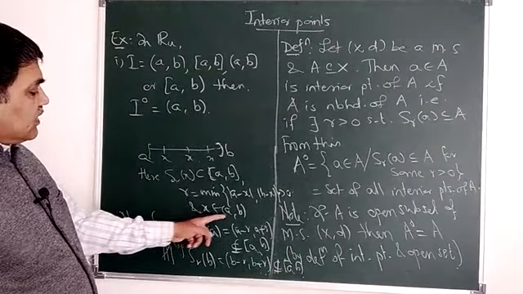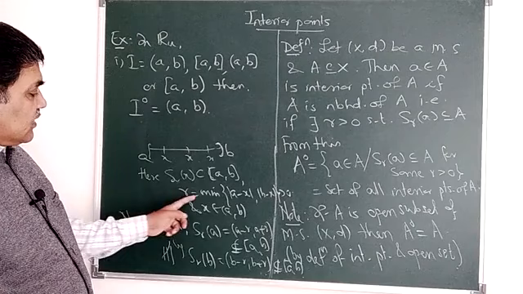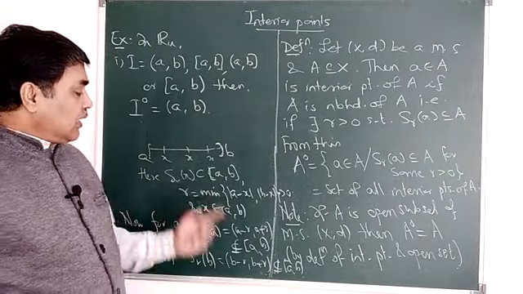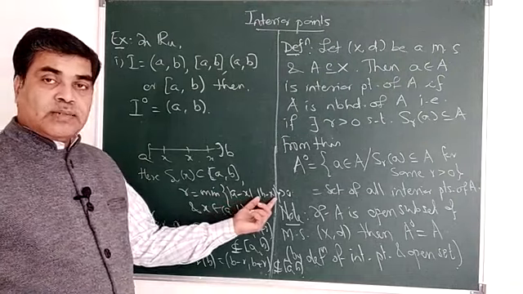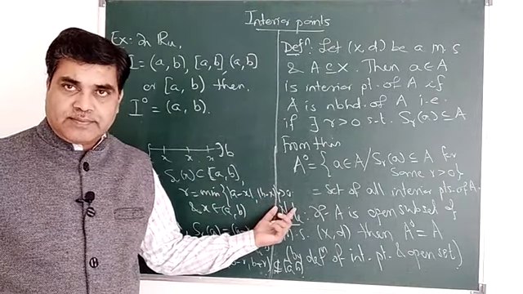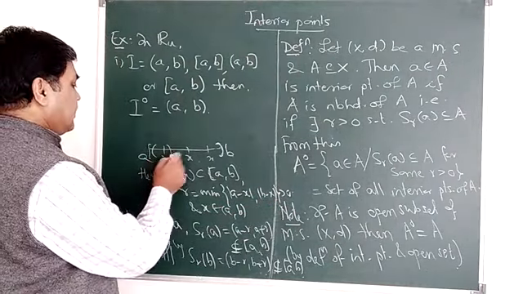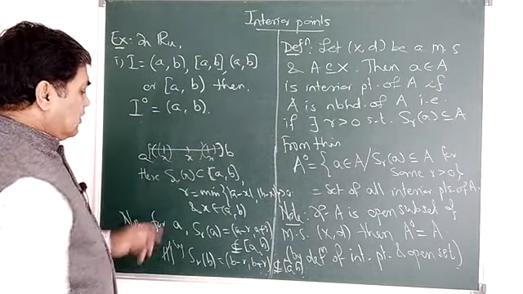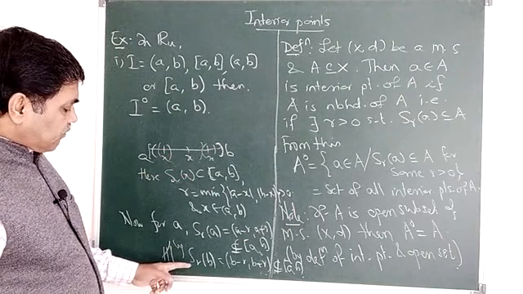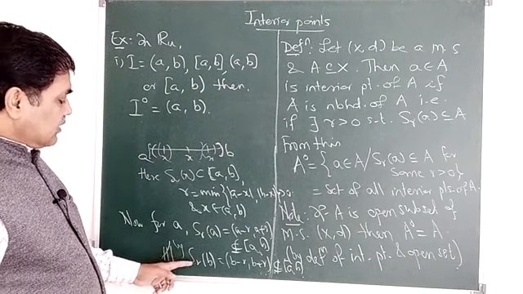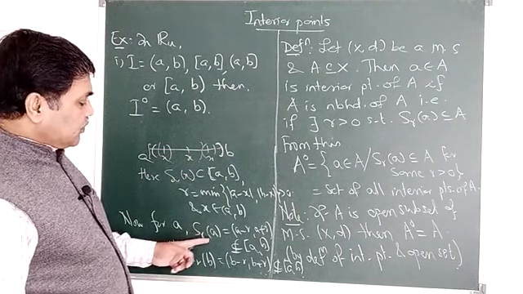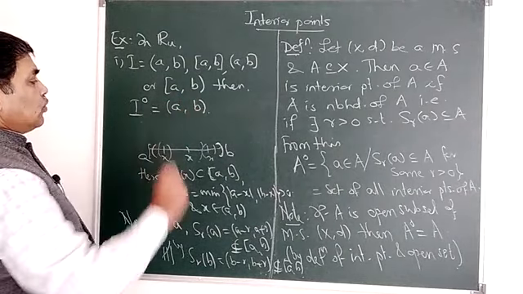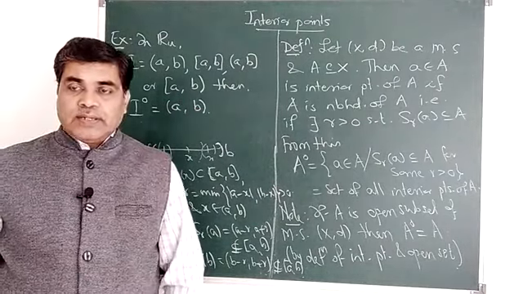Whatever other point x in (a, b) may be, S_r(x) is a subset of the closed interval because r equal to the minimum of |a minus x| and |b minus x| greater than 0 works. But for the endpoints, these open spheres are not subsets of the interval, and that's why the interior of I is equal to the open interval (a, b).